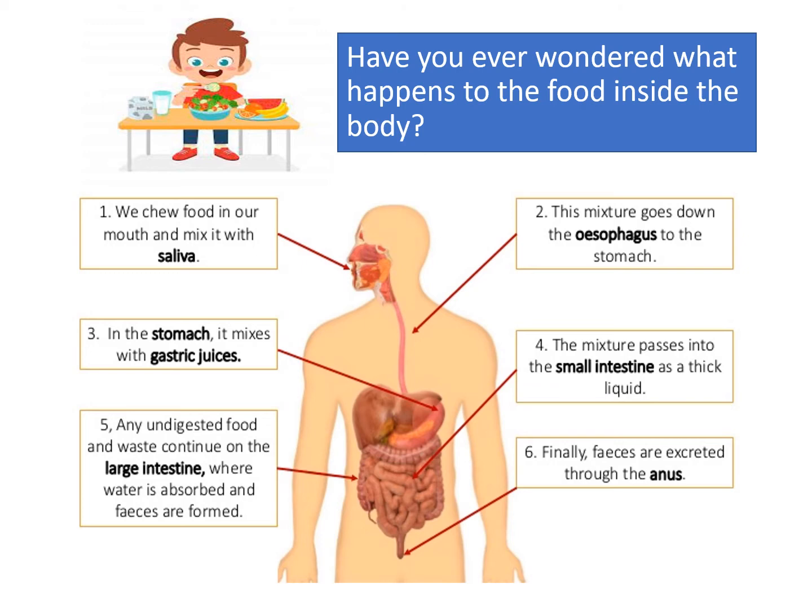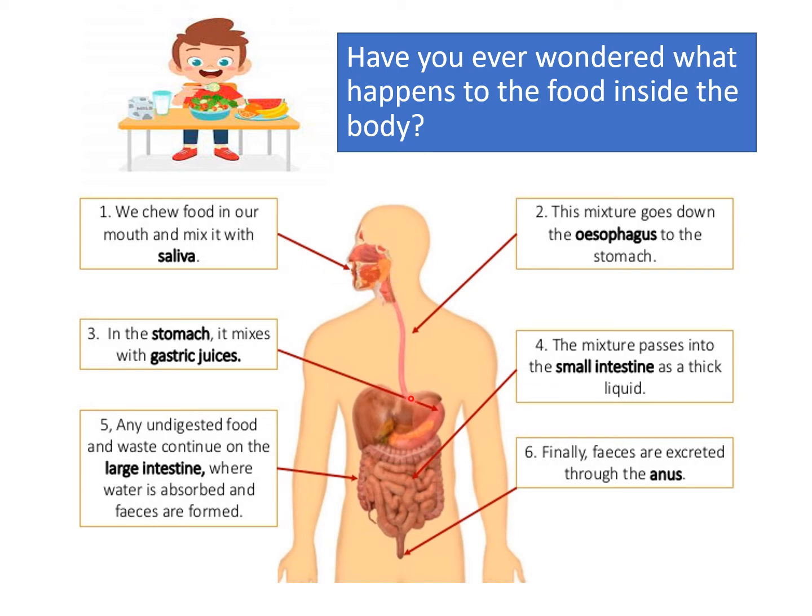Students, have you wondered what happens to the food inside our body? Let's see. You know that the alimentary canal begins at the mouth and ends at the anus. We take our food inside through the mouth. Inside the mouth we cut and chew the food, and it gets mixed with saliva.